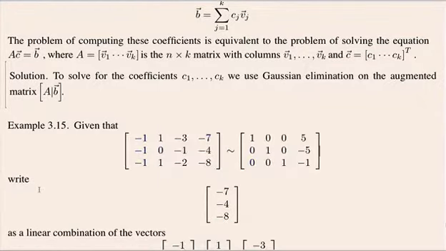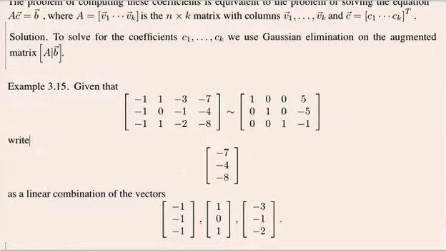So what we want to write is this -7, -4, -8 vector as a linear combination of the vectors -1, -1, -1, 1, 0, 1, and -3, -1, -2. So this is actually working already backward, that we have these 3 vectors we already put together into a matrix with the augmented matrix with right hand side this vector, and then let's assume that we already did the row echelon reduction and we got this result.